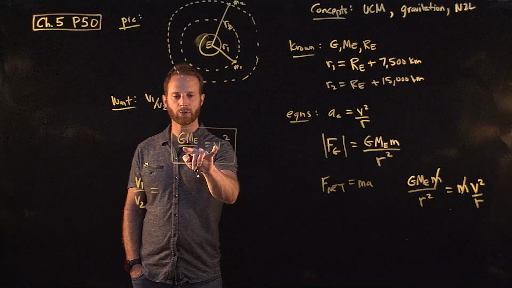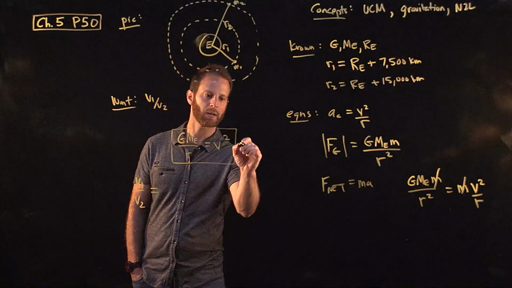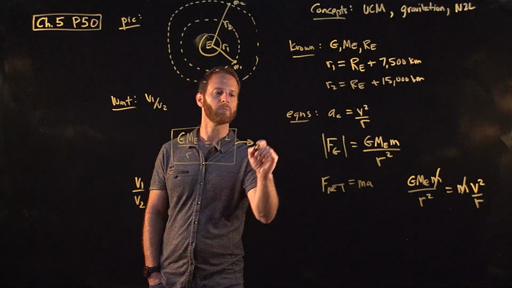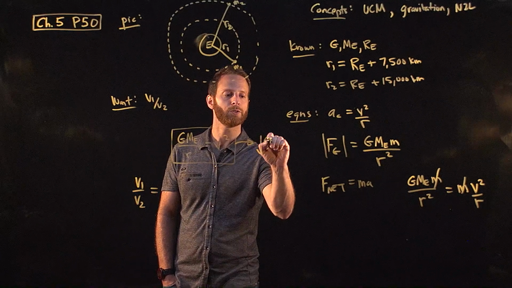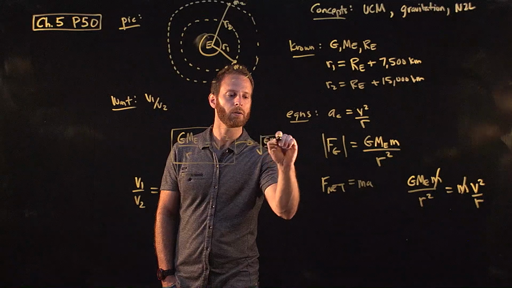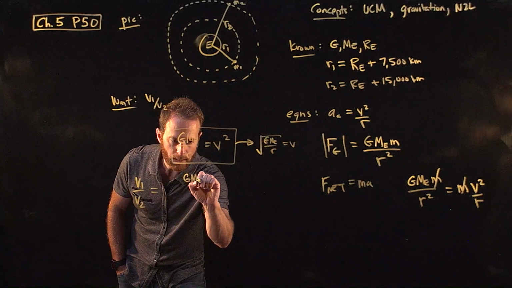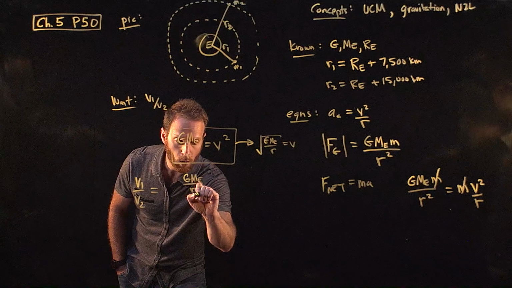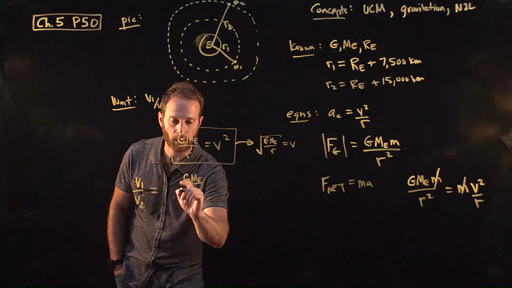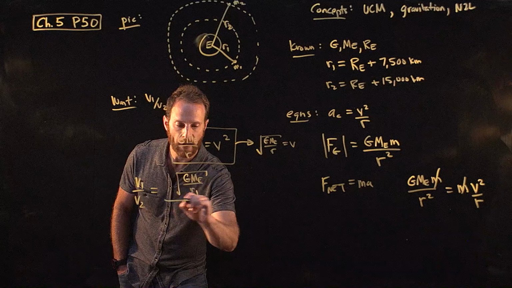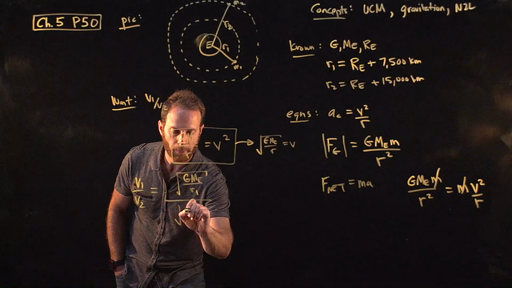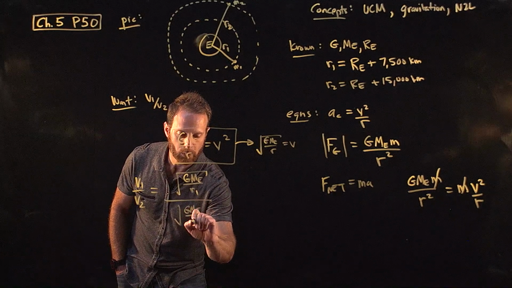V1 over V2 using this master equation, which, by the way, we can simplify a little bit. This tells us that the square root of G M_E over r is equal to V. So V1 is the square root of G M_E over R1, using this equation for satellite 1, divided by the same thing but using R2.